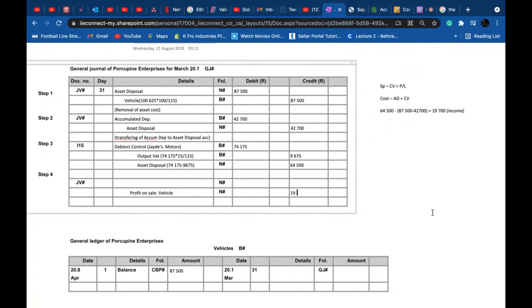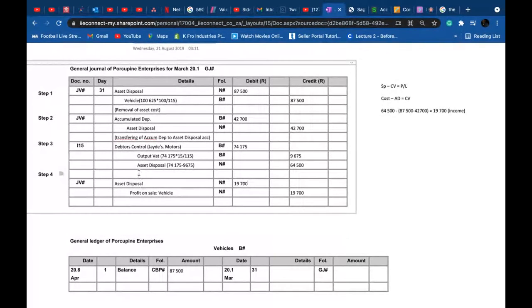Saving you ink even. All right, cool. So 19,700. Then obviously we're now debiting asset disposal, and here it's 19,700. Can you see that there?